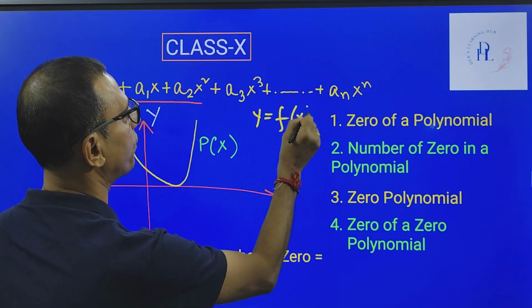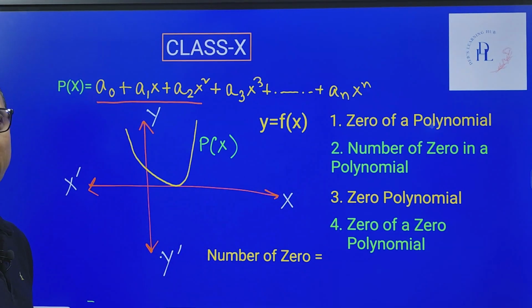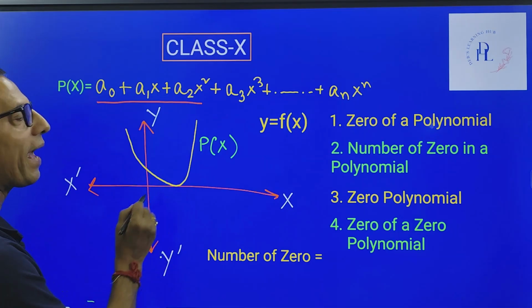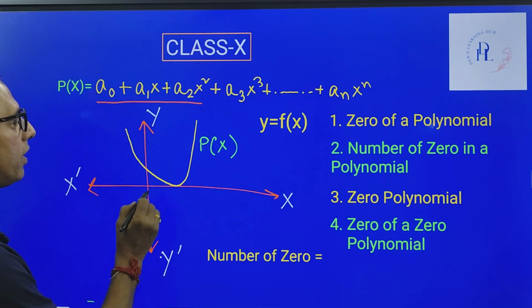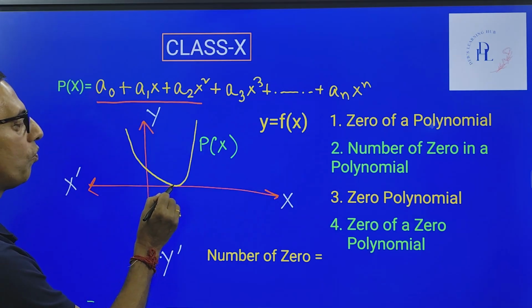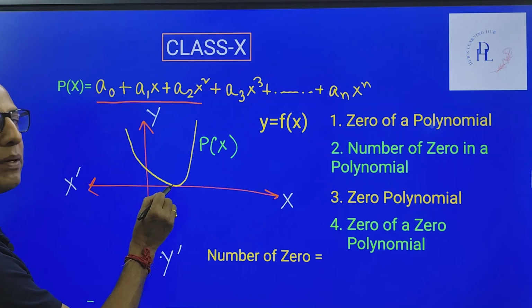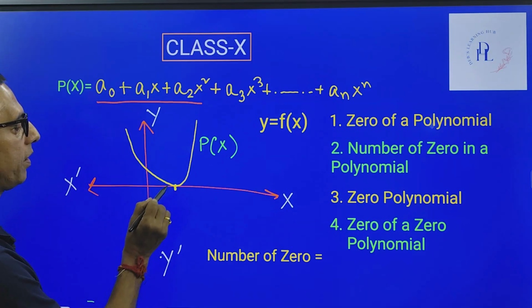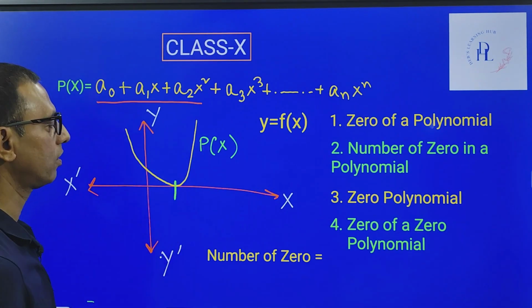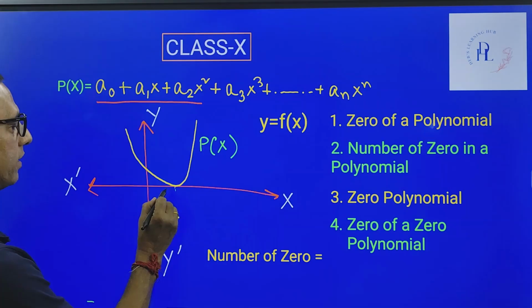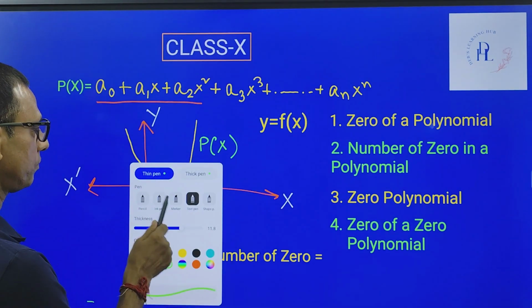Y is a function of x. So here p is a function of x, right? So for how many values of x y becomes 0, or p becomes 0, that means for which value y is 0, for how many times y is 0, we can see from this graph. This is the point, this is one time, right? This is the point where y equals 0, p(x) equals 0.